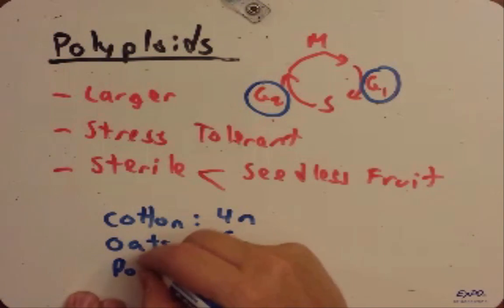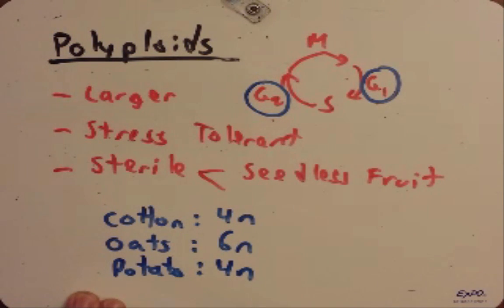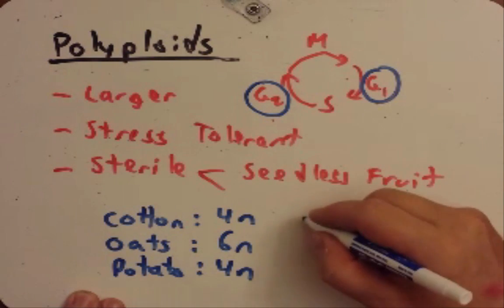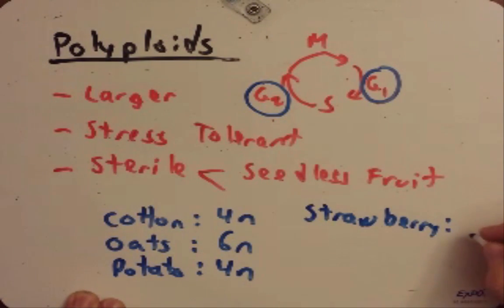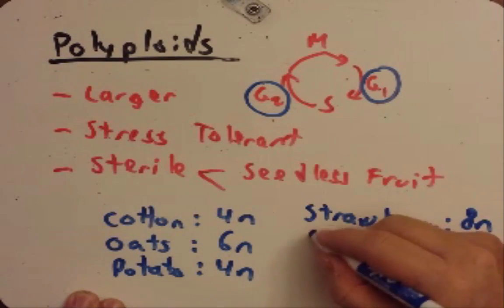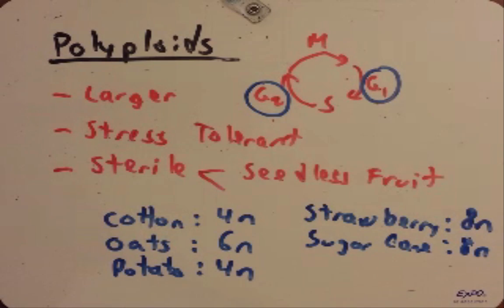Potatoes that you buy at the store, they're tetraploids, they have 4 copies. Strawberries, they're octoploid, they have 8 copies. Same thing with sugarcane. They tend to be larger than their counterparts, more tolerant to stress, and they tend to be sterile.